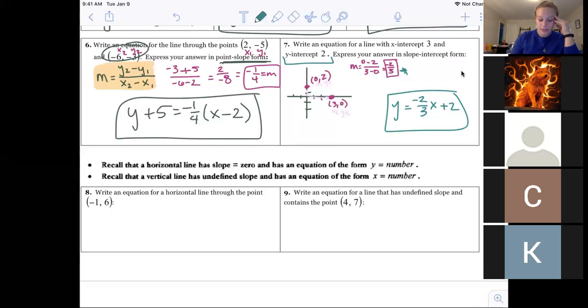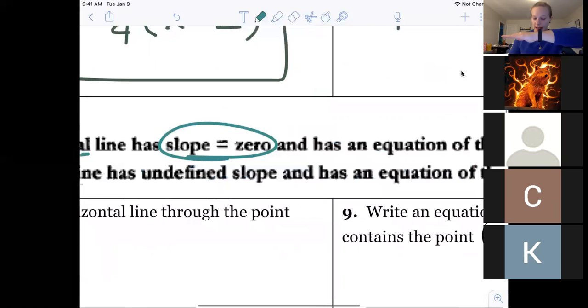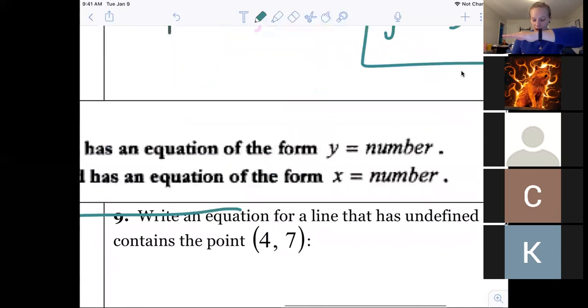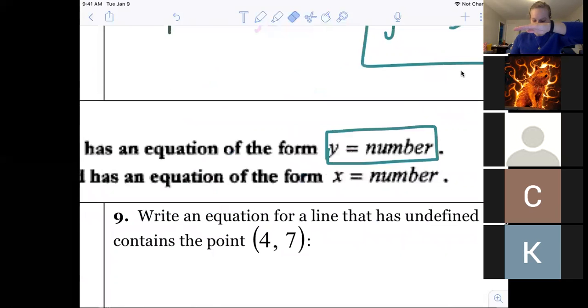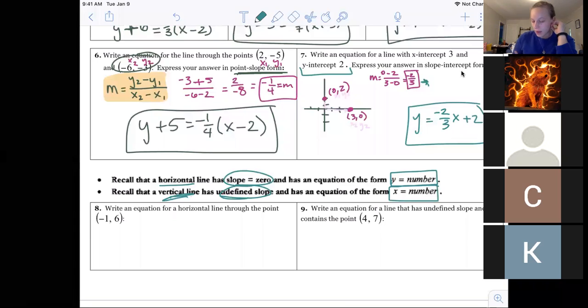So the first thing says, recall that a horizontal line has slope 0. So if it's a horizontal line, think about it like just a straight flat line. It has slope of 0, and it has the equation of y equals a number. On the other hand, a vertical line has an undefined slope, and it has the equation of the form x equals a number.